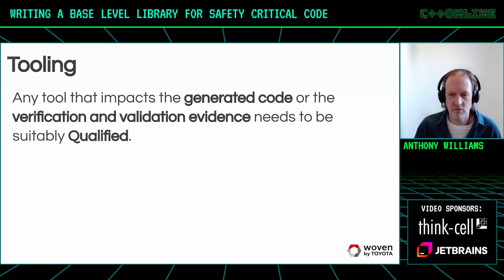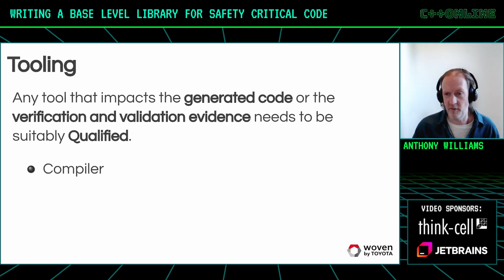You can't just decide that you're going to use whatever checker you like to verify that you're conforming with the coding standards. You have to use something that has been through the appropriate qualification steps.